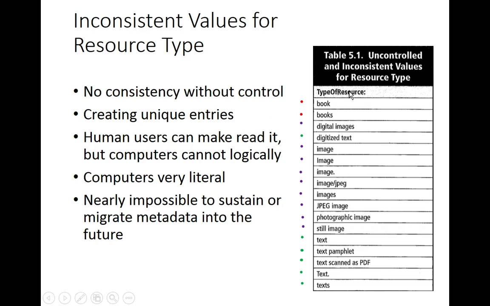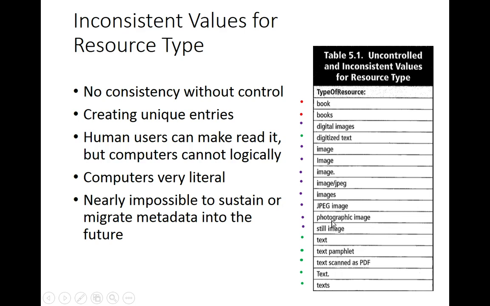So for example, over here we have uncontrolled or inconsistent values. We have a type of resource, so we have books, digital images. These are all different types of resources, and we need to find out which is the authorized one we use. Depending on what we're using, it might be Dublin Core, for example.